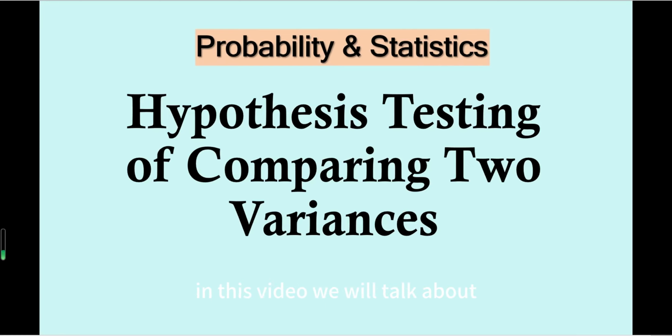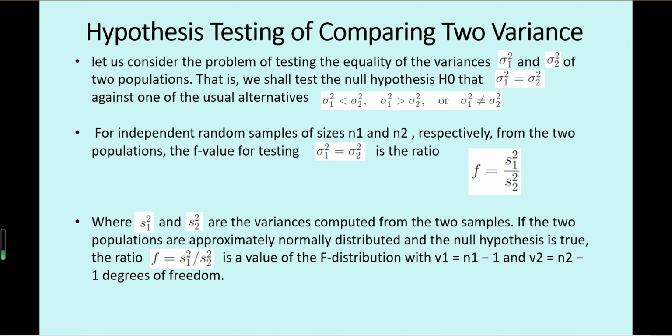In this video, we will talk about hypothesis testing of comparing two variances. If we want to compare, or say test the equality of, two variances from two populations, we will establish the null hypothesis H0 that sigma 1 square equals sigma 2 square.